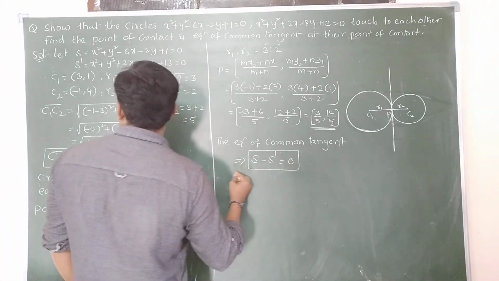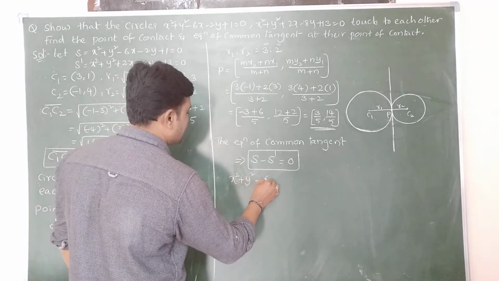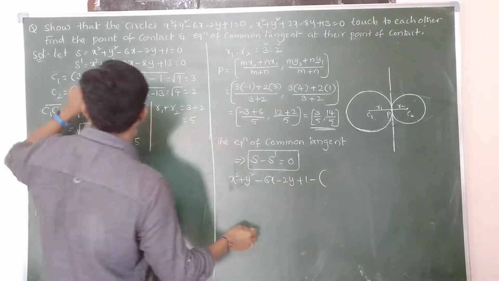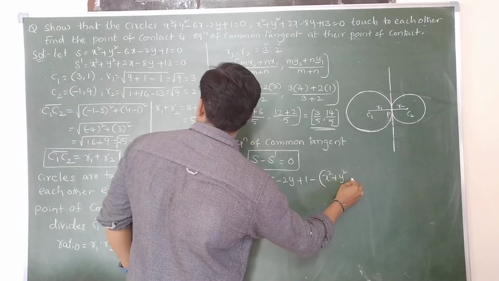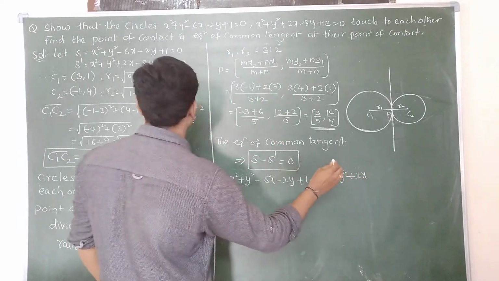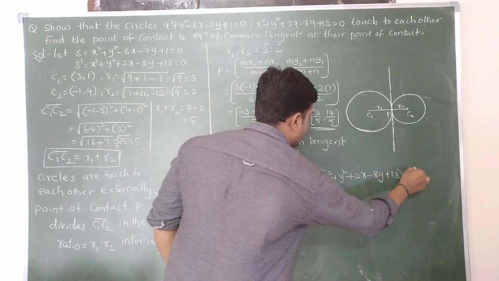S is x square plus y square minus 6x minus 2y plus 1, minus (x square plus y square plus 2x minus 8y plus 13) equals 0.